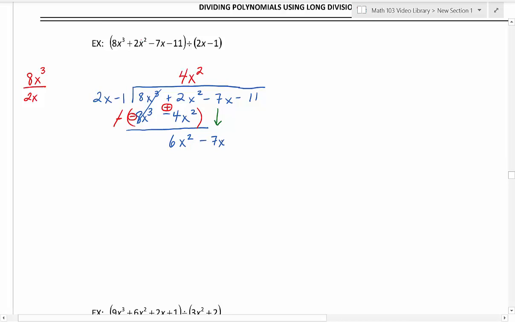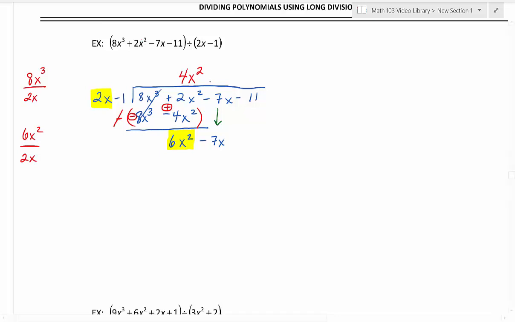Now we're ready to repeat the process. We're going to divide the first term of our divisor into the first term of our new dividend. So 2x goes into 6x squared, 3x times.